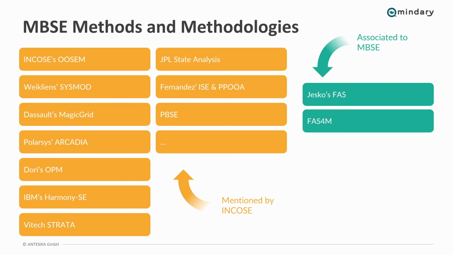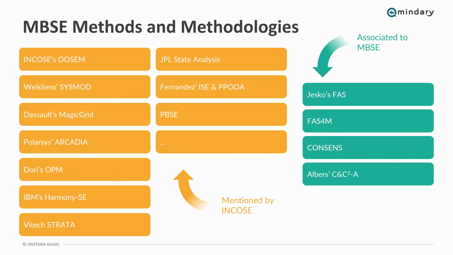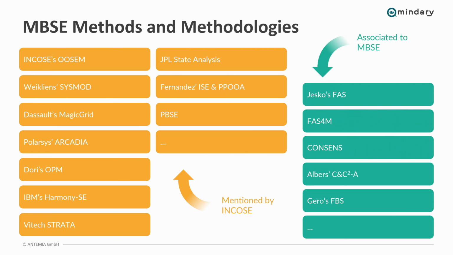The FAS4M, the Functional Architectures of Systems for Mechanical Engineers. The CONSENS, the Conceptual Design Specification Technique for the Engineering of Complex Systems. The C and C squared A, the Contact and Channel Approach by Albers. The FBS, Function Behavior Structure by Gero, and many, many more.